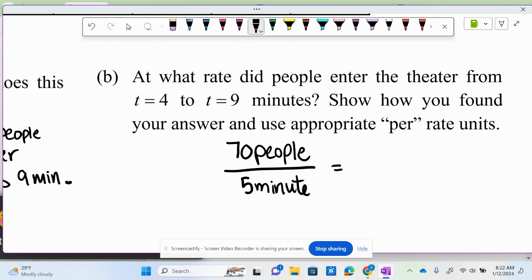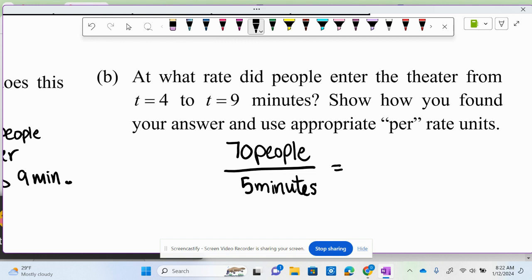And this is just going to be a rate. We want to write it in the most simplified form. So how can I simplify 70 people every 5 minutes? Could I get a how many people each minute or per minute? How would I do that?